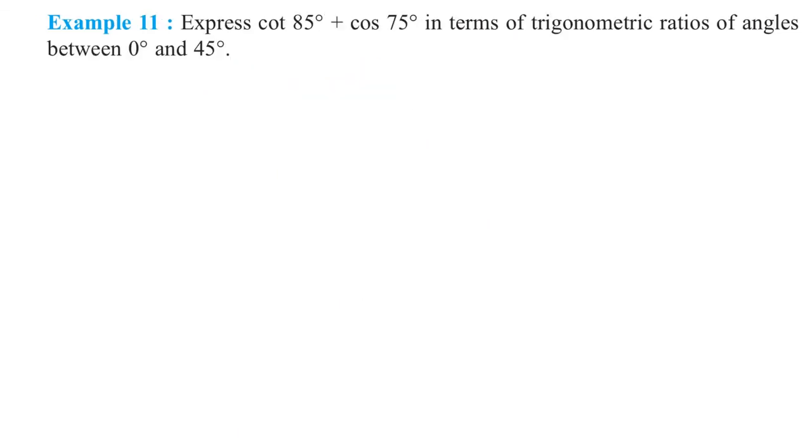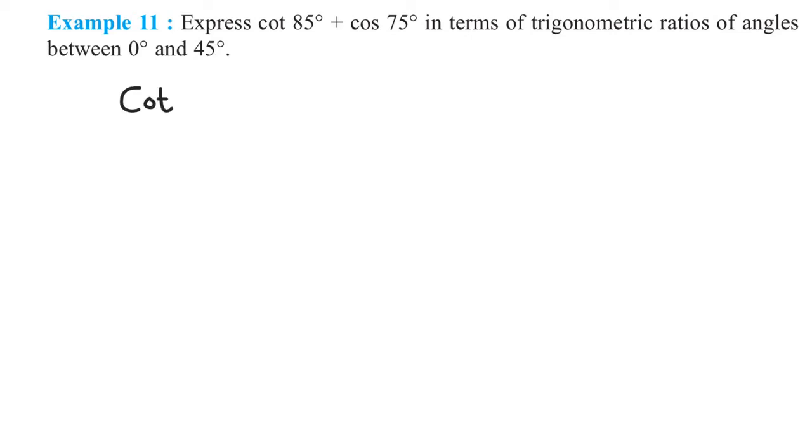Express cot 85 degrees plus cosine 75 degrees in terms of trigonometric ratios of angles between 0 degrees and 45 degrees. So, we have to represent 85 degrees, 75 degrees between angles 0 to 45 degrees. How do we go about doing that? So, let's first write down the given question over here.